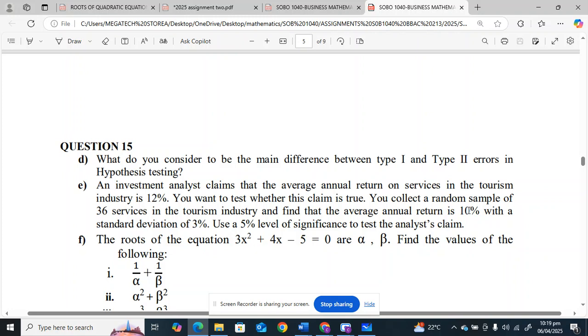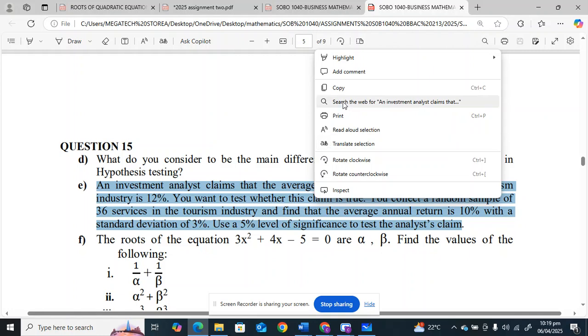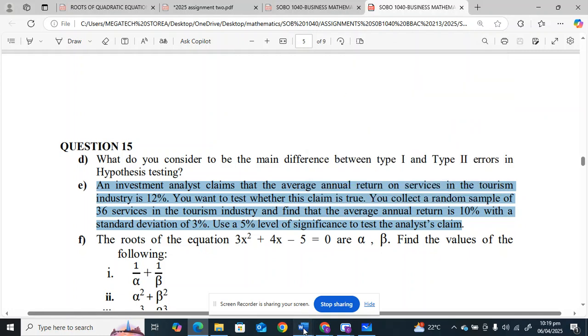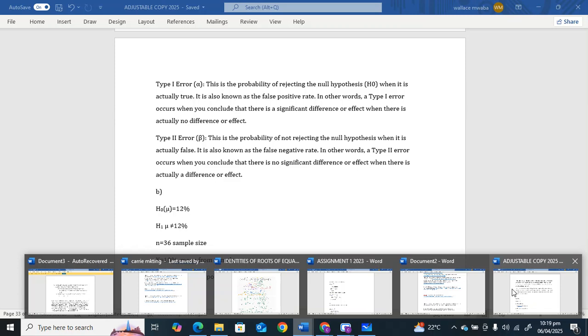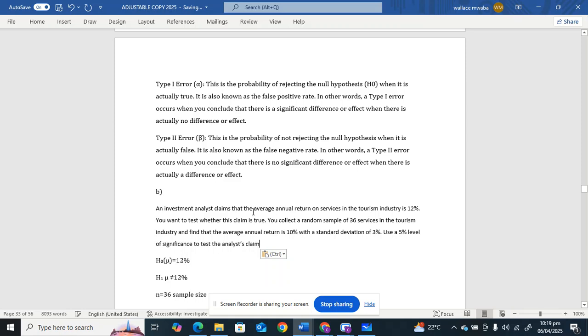Colleagues, do we remember what a population and a sample are? Before I go further, what is a population and what is a sample? What is the difference between a population and a sample?